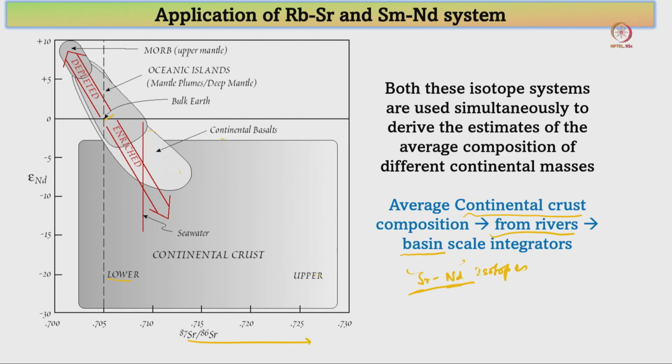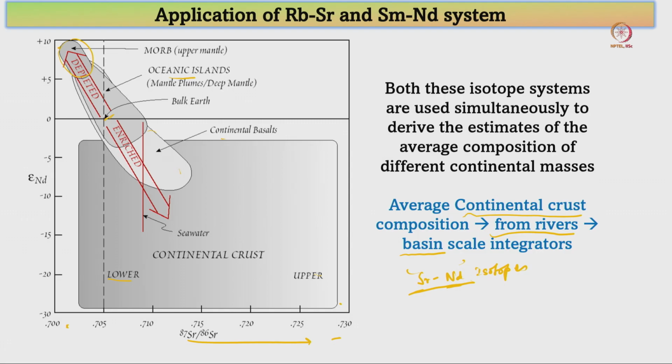This is the range of values for oceanic islands, and this is the range for MORB, that is upper mantle composition. And as you can see, this has the highest epsilon neodymium but the lowest strontium, and this upper crust has the lowest epsilon neodymium but the highest 87/86 strontium.